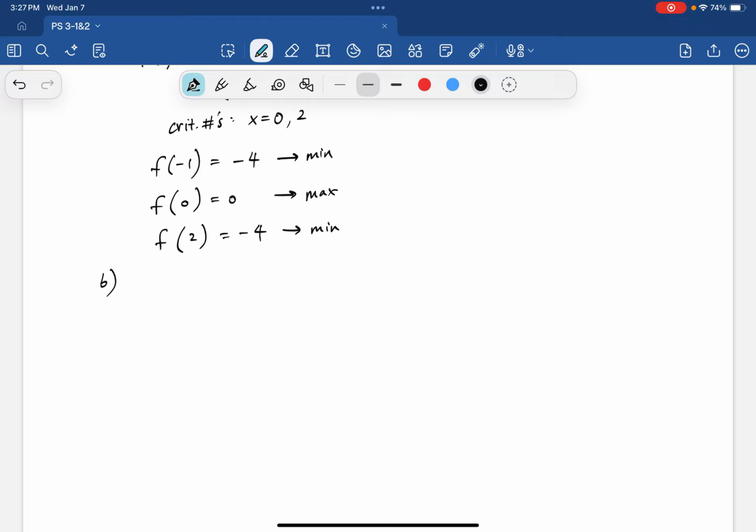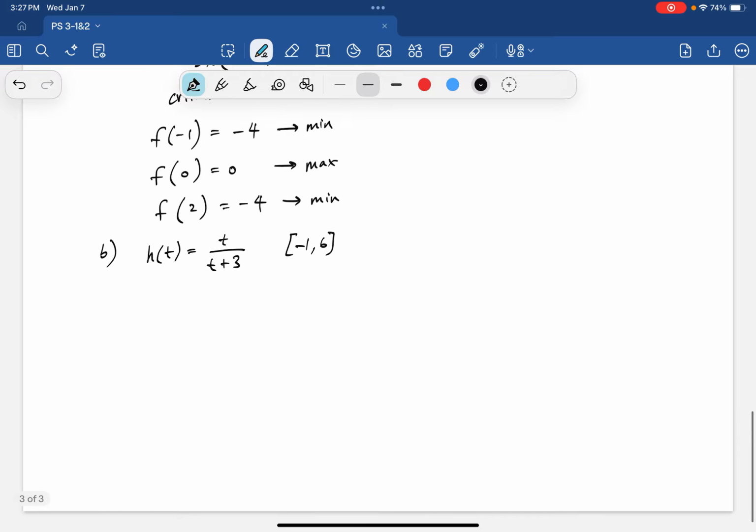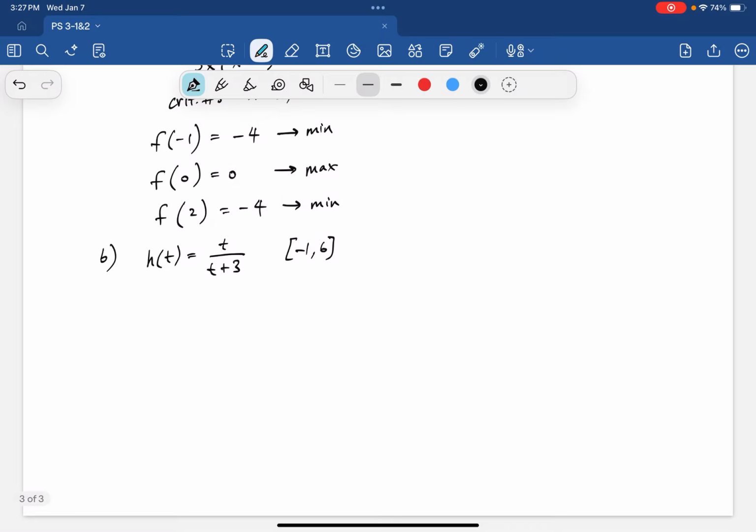Okay, we have h of t equals t over t plus 3 on the interval [-1, 6]. So first we're going to find the derivative.